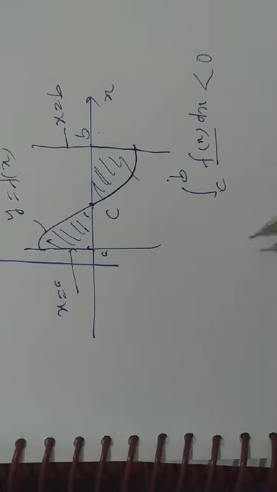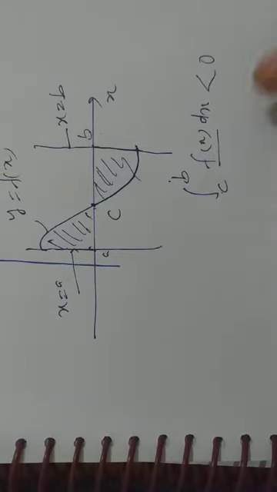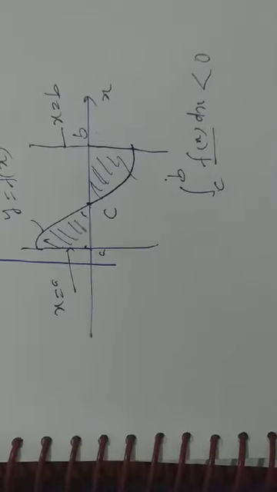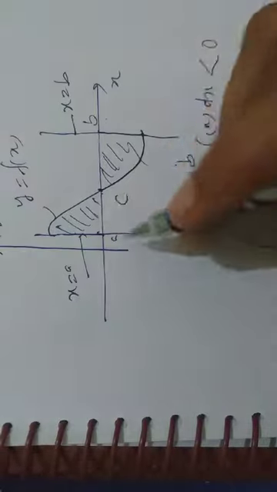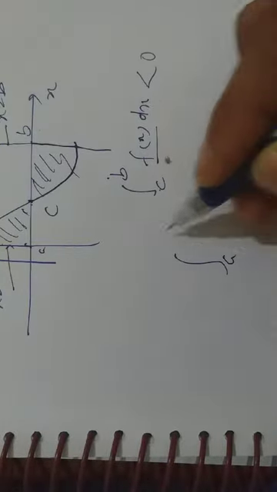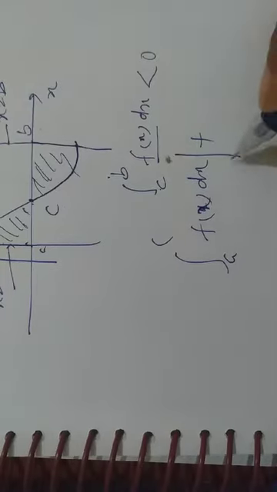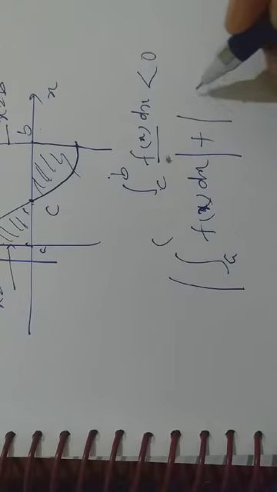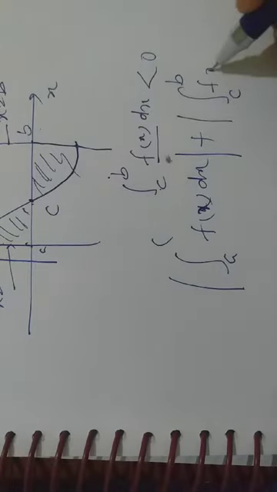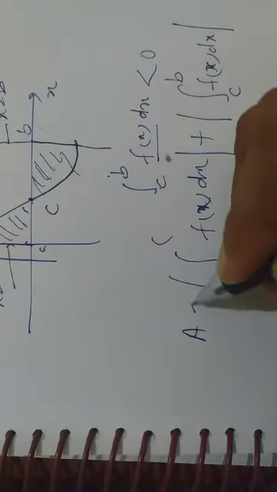But we have to find the value of area, which is taken positive. So therefore we have to take mod of this expression so that we find positive area. So total area can be obtained by integral a to c f(x) dx, this is the positive value, so we can take mod of this plus mod of integral c to b f(x) dx mod. This is the required area.